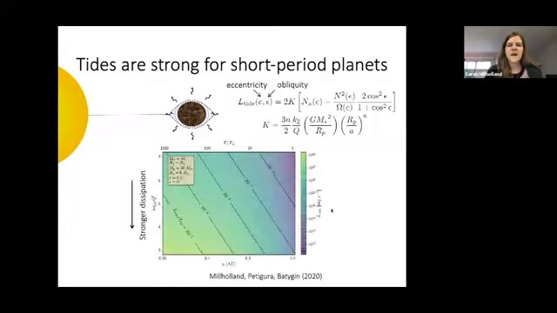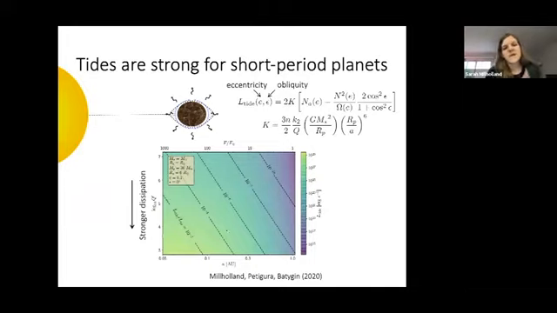So this plot on the bottom shows this tidal luminosity as a function of the tidal quality factor, which is a measure of how dissipative the planet itself is, as well as the semi-major axis of the orbit, for some fiducial planet mass and radius.